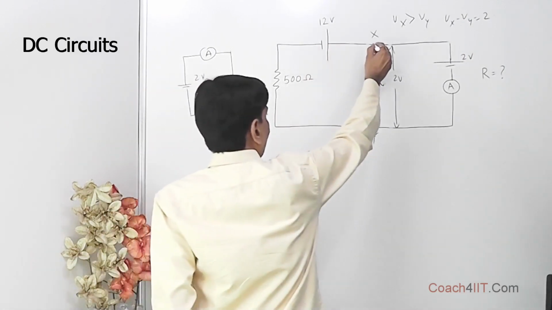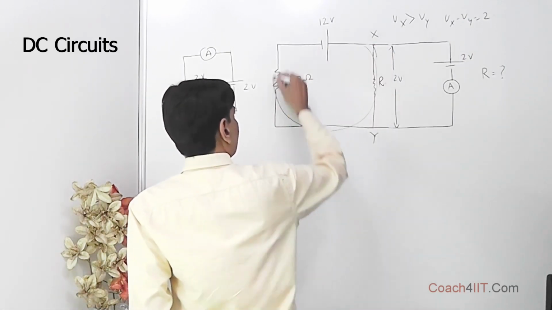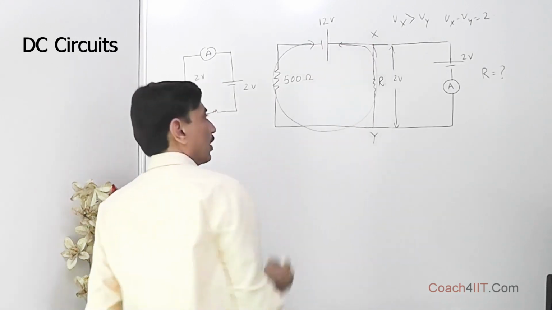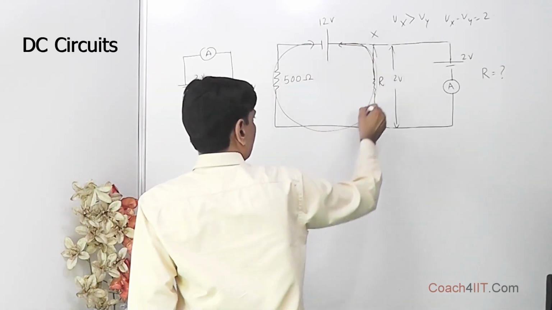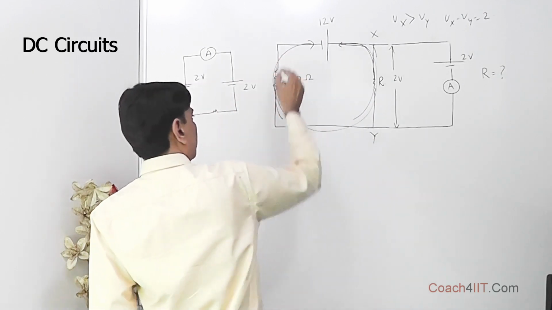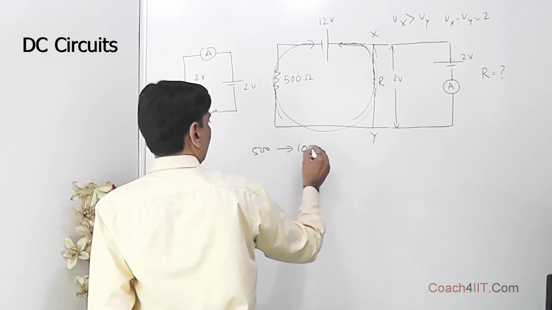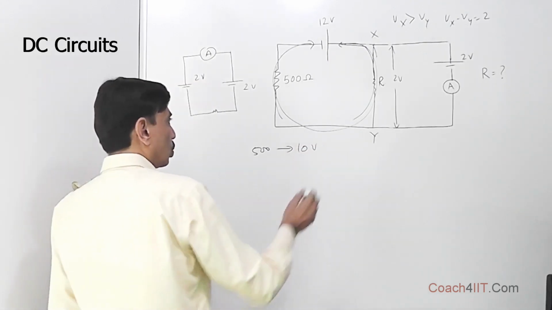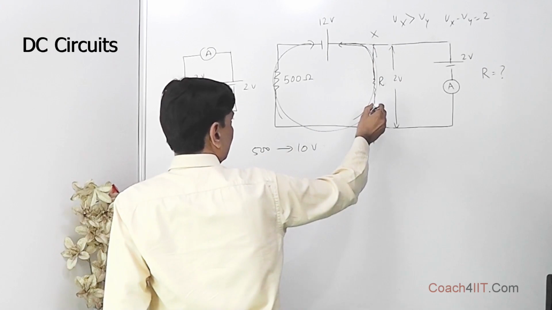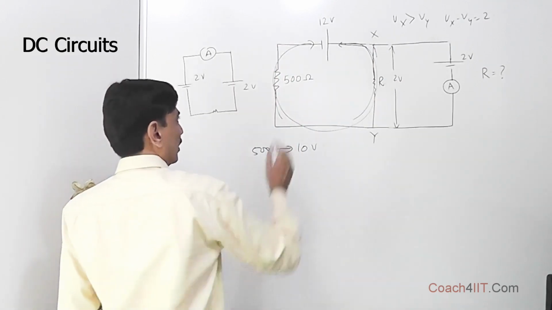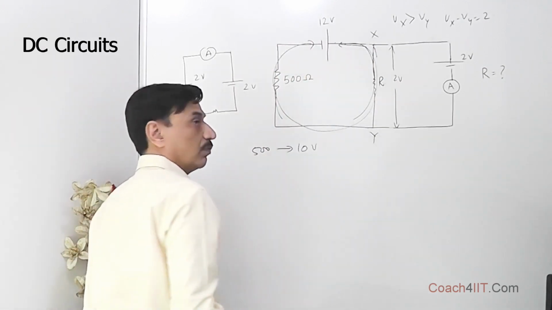It means across the terminals of the battery, there has to be a 12 volt potential drop. If across this it is 2 volt, then across this 500 ohm resistor the remaining 10 volt potential difference is dropped, so that the potential difference across the terminals is once again 12 volt only.